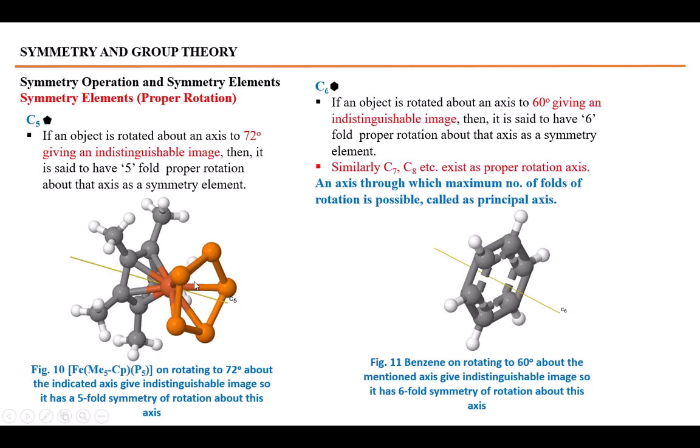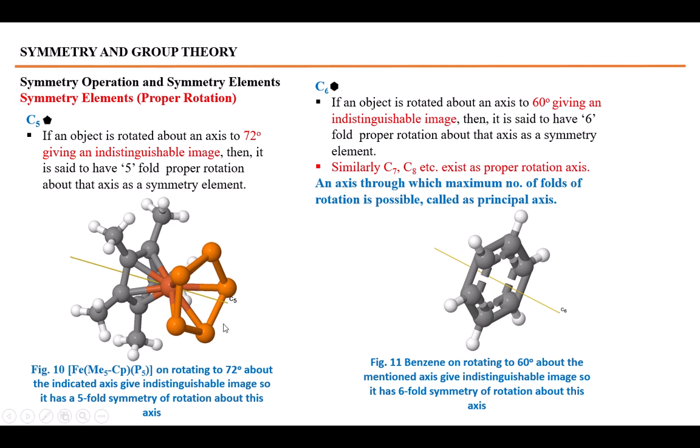Similarly, here in this molecule, it's a complex of iron. Here also a C5 symmetry exists, meaning each 72-degree rotation will make the molecule exactly indistinguishable, meaning a 360-degree rotation about the C5 axis would give the same or indistinguishable image 5 times.